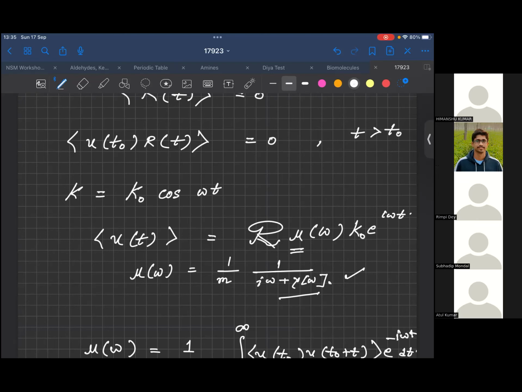I am thinking whether this delta function and these Markovian things are connected or not.